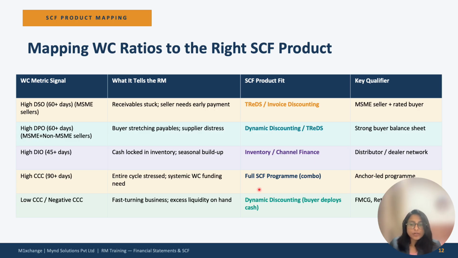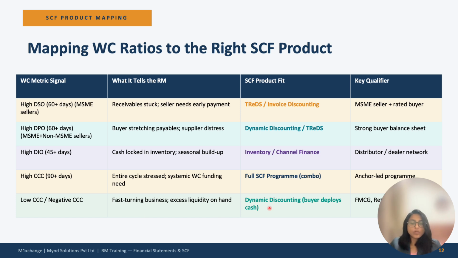Any programs like the supplier finance or dealer finance programs for a particular company, fine. And if the cash conversion cycle is low or negative, then we know that the buyer has high cash on the balance sheet. It has high liquidity on hand.